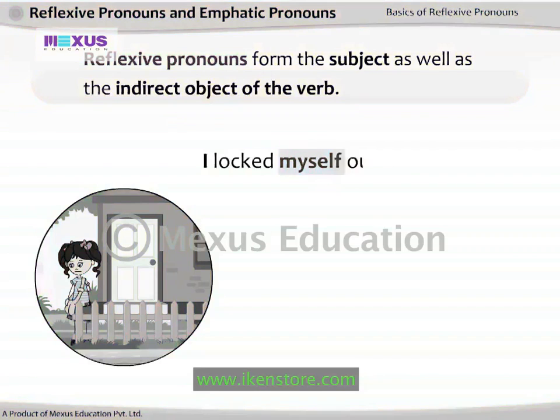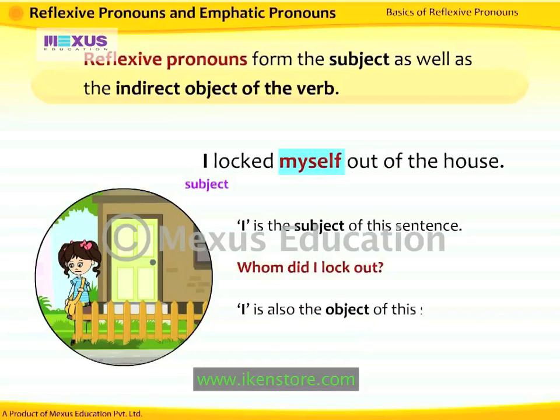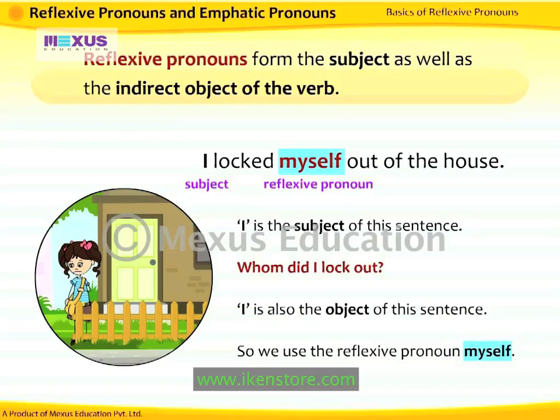I locked myself out of the house. I is the subject of this sentence. I locked somebody out. Whom did I lock out? The answer is I. I is also the object of this sentence. So, we use the reflexive pronoun myself to refer to the subject I.